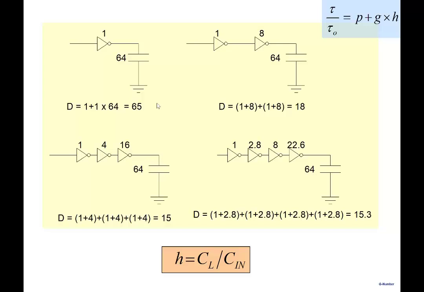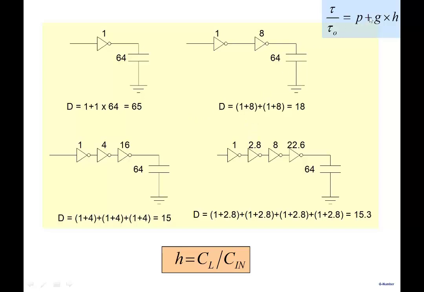Do these make sense? Delay of the first inverter: parasitic delay 1, logical effort 1, electrical effort is 64. All these values that are given, 64, are in terms of 64 times the input capacitance of an inverter. So 1 plus 1 into 64, 65. Suppose I put sizes 1 and 8 here. See if it makes sense.